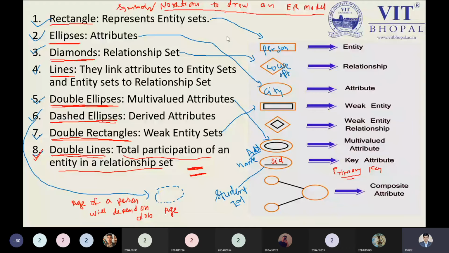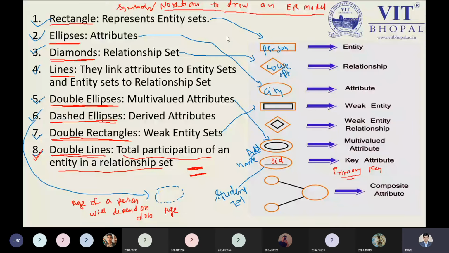When we map the relationship by the weak entity, automatically your relationship becomes a weak relationship.